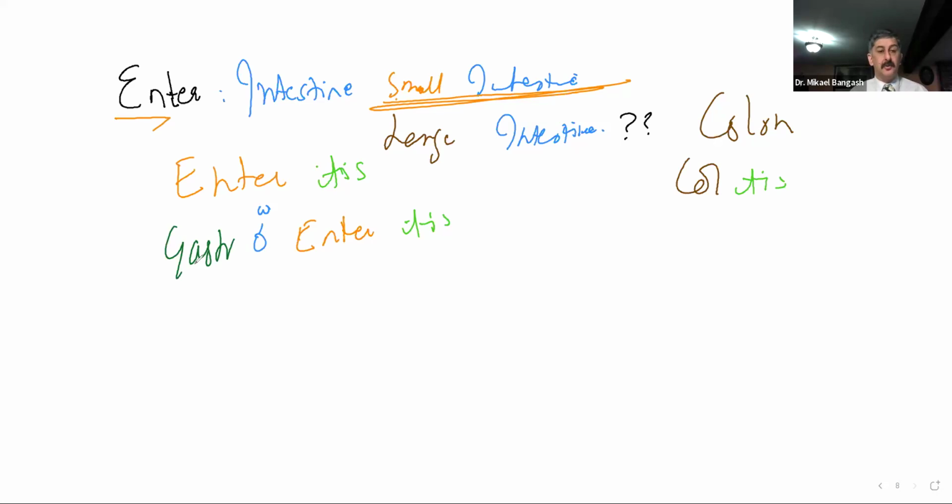So it becomes gastroenteritis. Itis is still infection or inflammation. Enter is still your small intestine, whereas gastro is going to be the stomach. So gastroenteritis is going to be infection of the stomach and intestine.